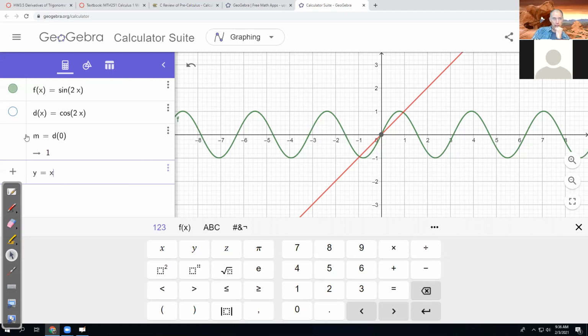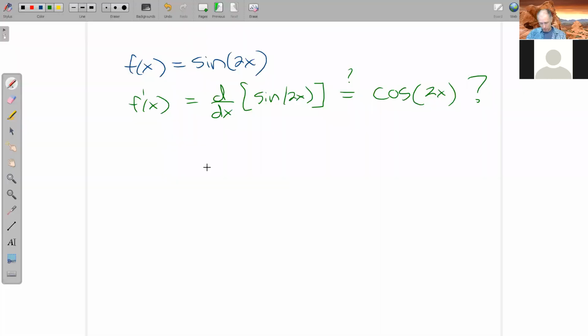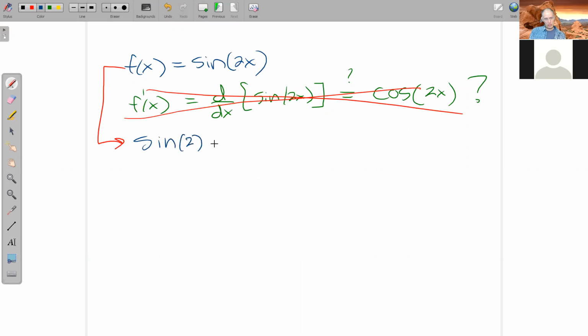So I'm going to do this a different way. I'm going to apply a little algebra. So here's my algebra. Okay, so somewhere there was an error. The sine, let's do blue, of 2x could also be written as the sine of x plus x. X plus x is 2x.